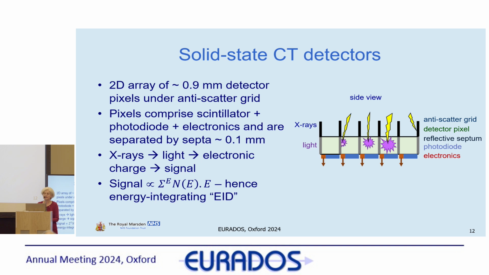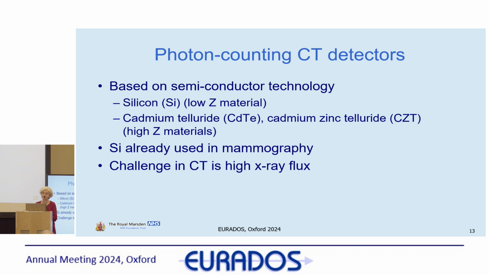And then underneath that, we've got a photodiode, which collects the light and stores the charge, and then the electronics, which will take the charge away. These are individual elements which are separated by septa. The signal that we detect is the total light emitted, which in turn is proportional to the number of X-ray photons and their energy. And for this reason, these type of detectors are called energy integrating detectors.